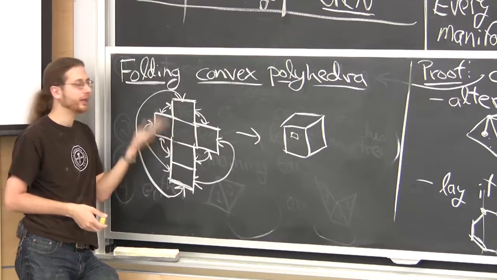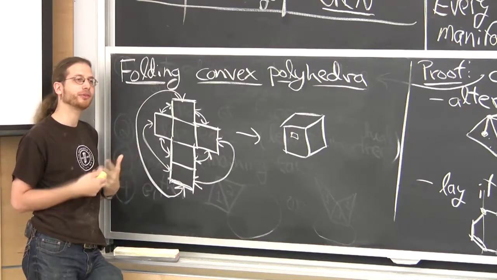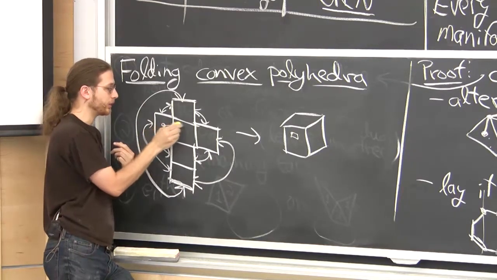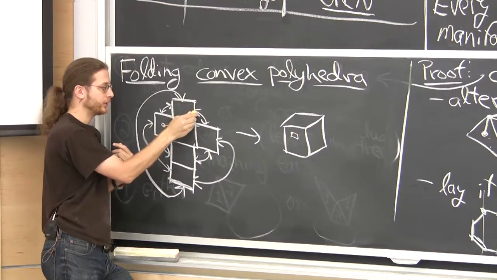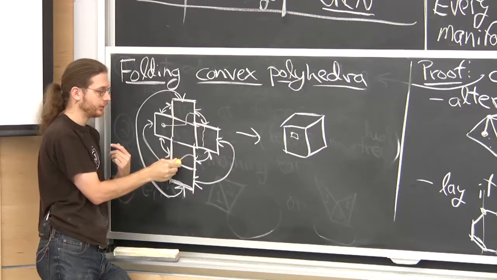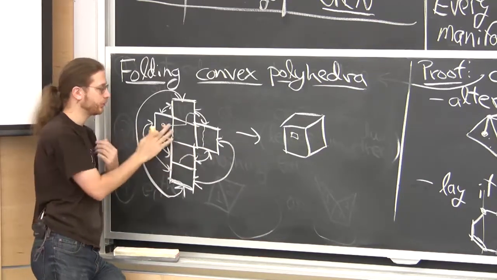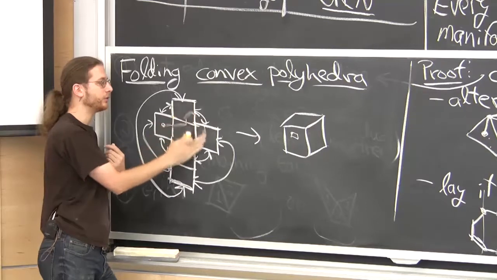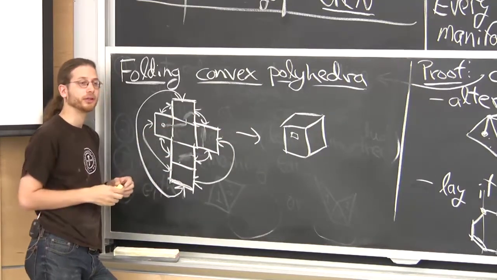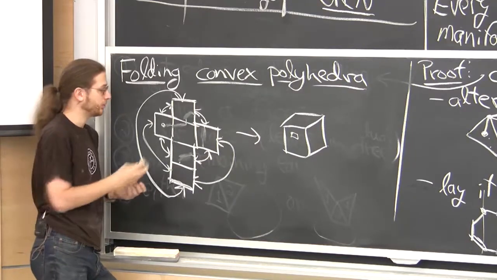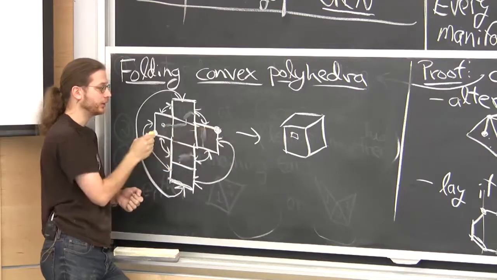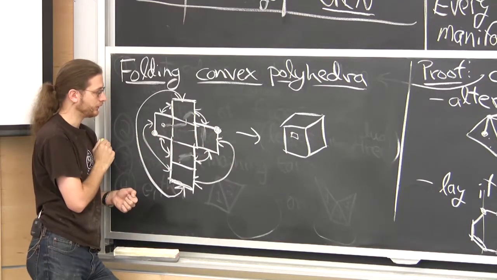I give you a polygon, and I give you a gluing. What this tells you is sort of how to locally walk around. So if I'm here, I could walk over here, go walk over here, go teleport over there, walk over here, teleport over here, whatever. The gluing tells you locally what this surface looks like, even though you don't know what it looks like yet in 3D. In particular, you can compute shortest paths here. I could compute like the shortest path from this point to this point you might think is a straight line. But no, it's not.